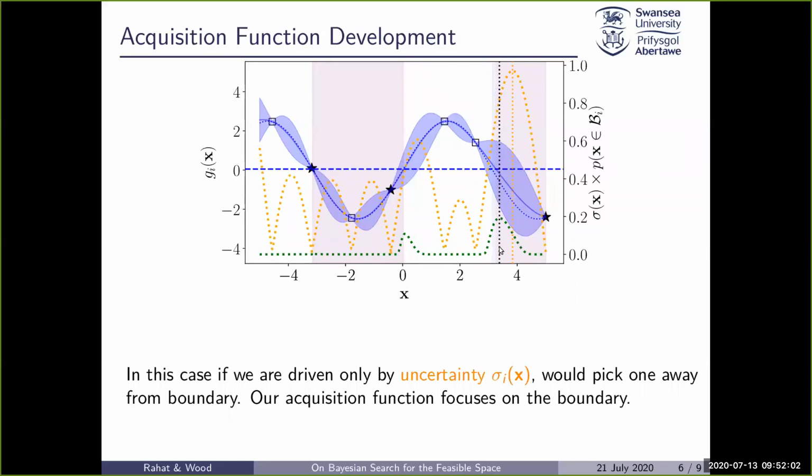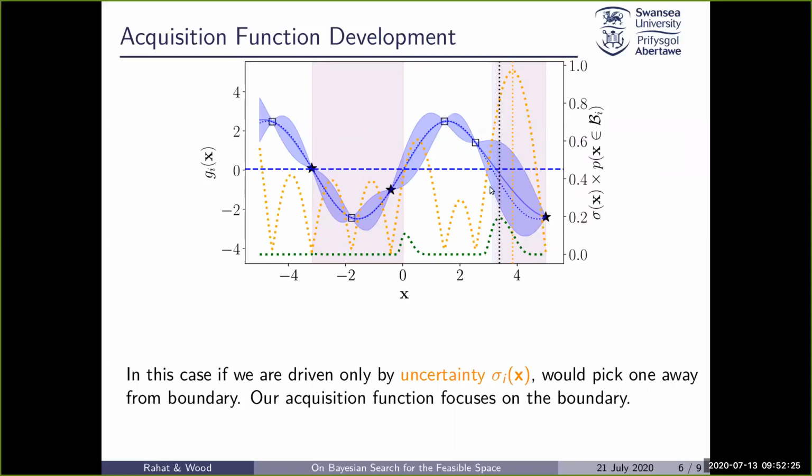Now let's have a quick look at what happens if we only use the exploration term. In this instance, we see that we should be sampling somewhere in the middle of the right region, but the product, the acquisition function that we have, is telling us to sample somewhere near the boundary.